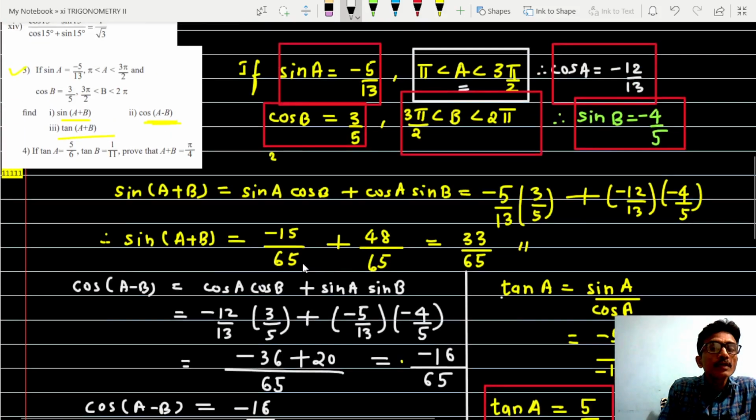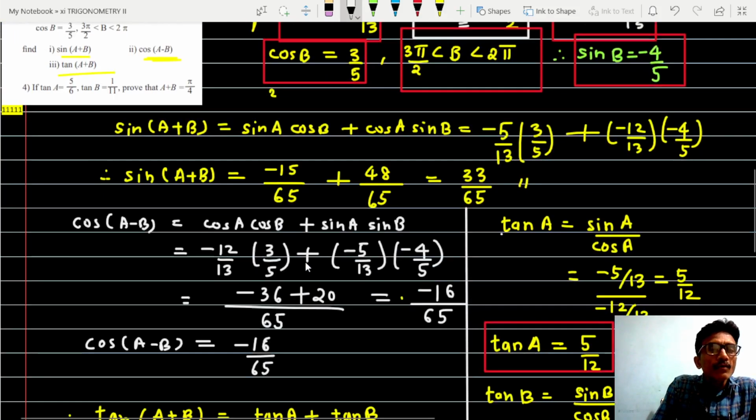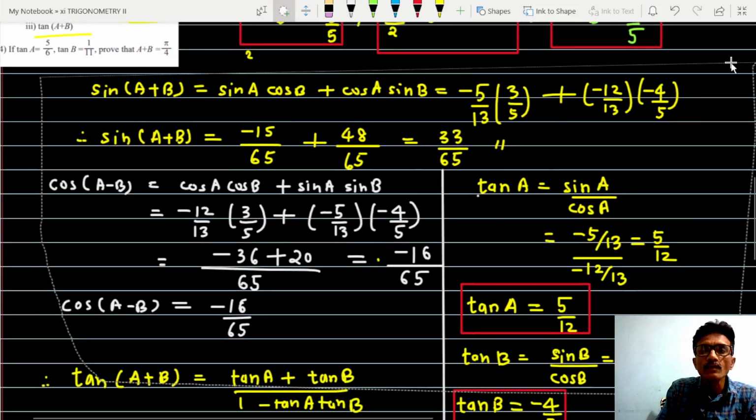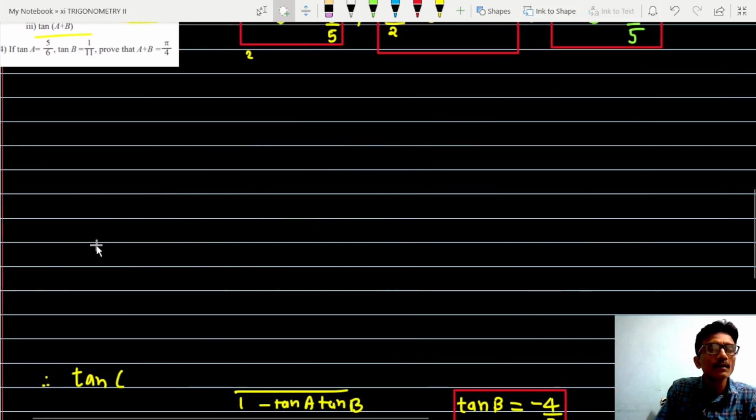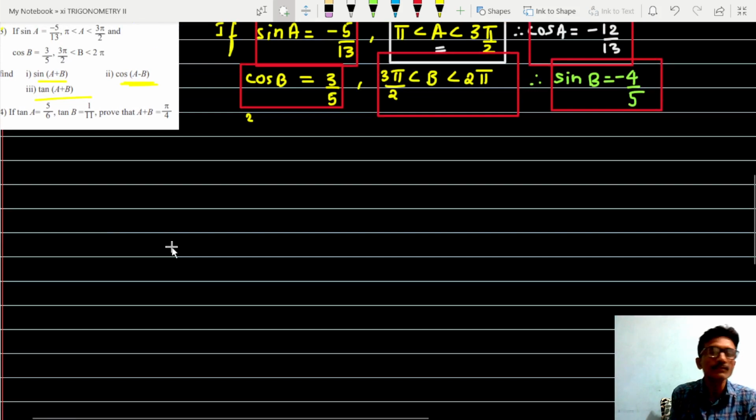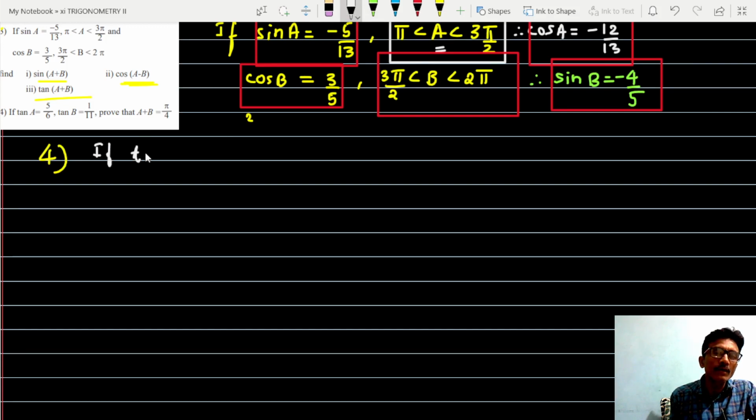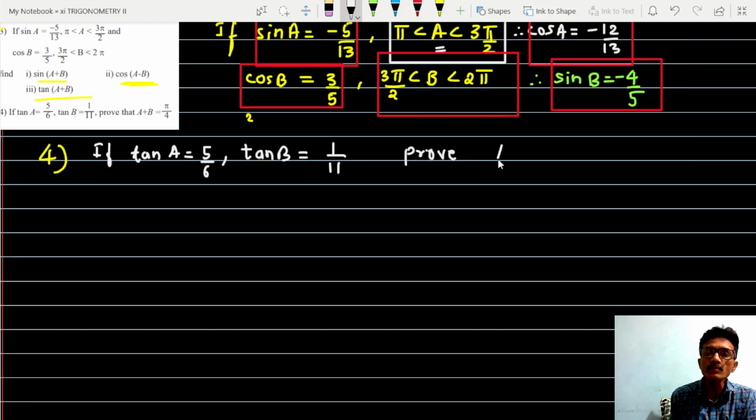Then after this is the last question, the fourth question. tan A and tan B are given, and we have to prove that A plus B equals 45 degrees. Question number 4 is: if tan of A is equal to 5 by 6 and tan of B is equal to 1 by 11, we have to prove that A plus B is pi by 4.